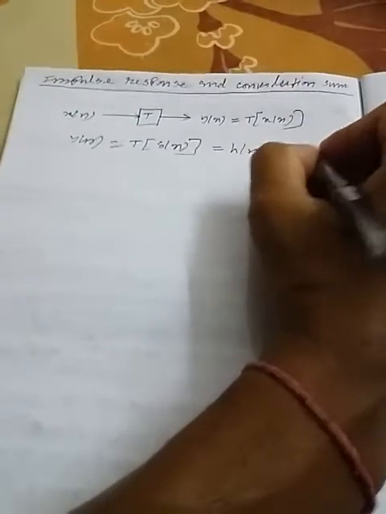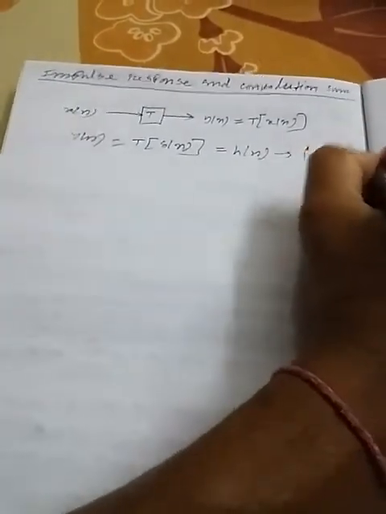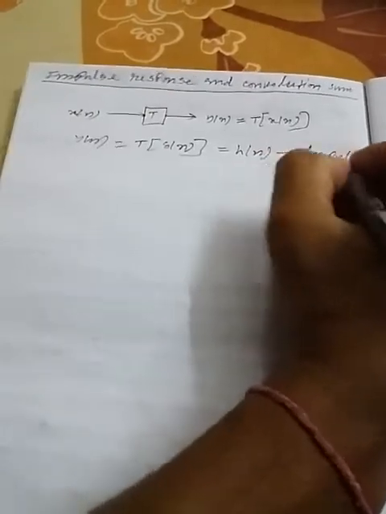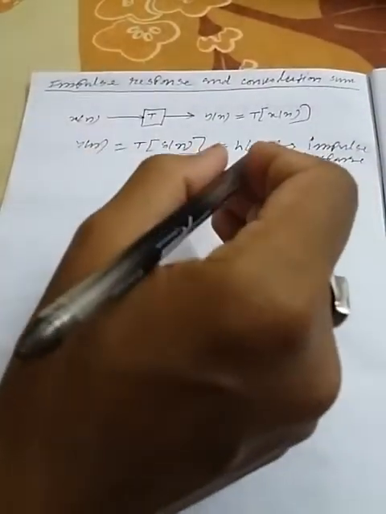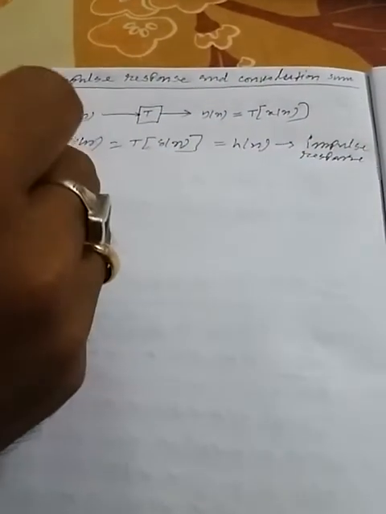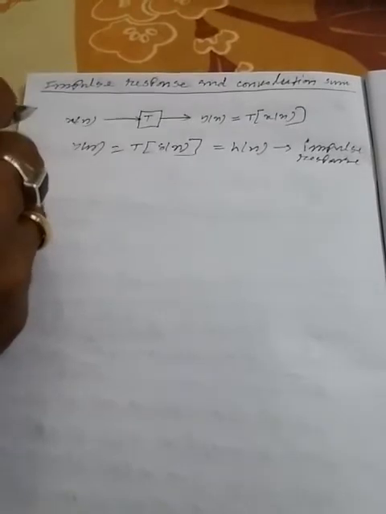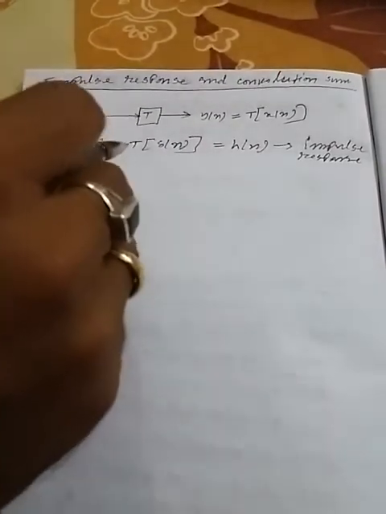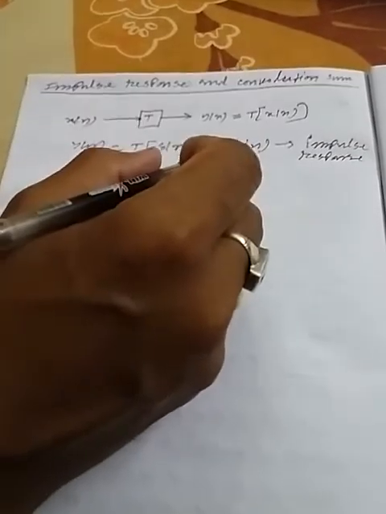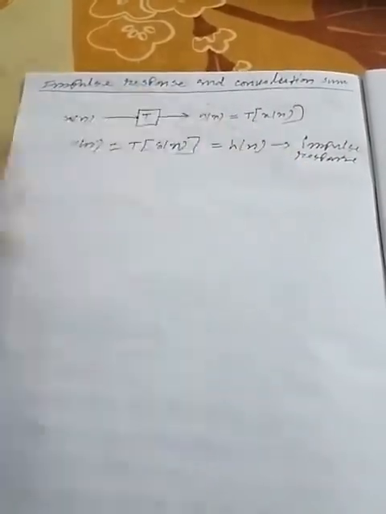This is impulse response of a system. When the input of the system is delta[n], then the output or response of the system is represented by h[n], that is called impulse response of the system, right?